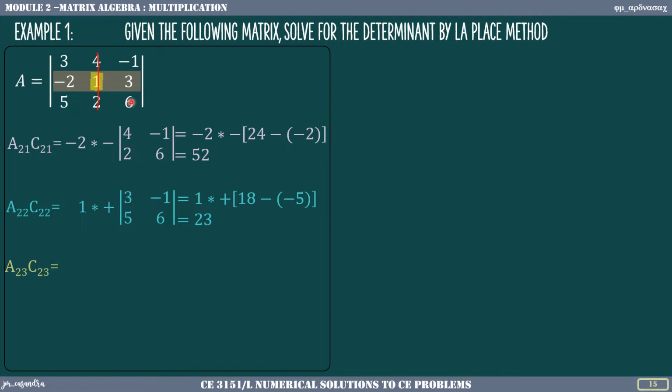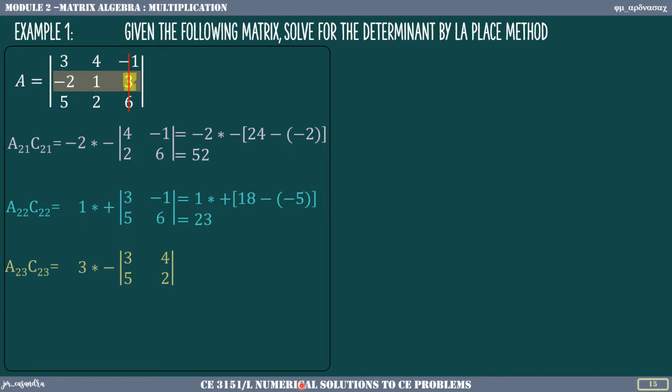Then we have A23, so the element is 3. The cofactor will be taken by eliminating our second row and third column. So we'll have now 3 times the matrix negative 3, 4, 5, 2.